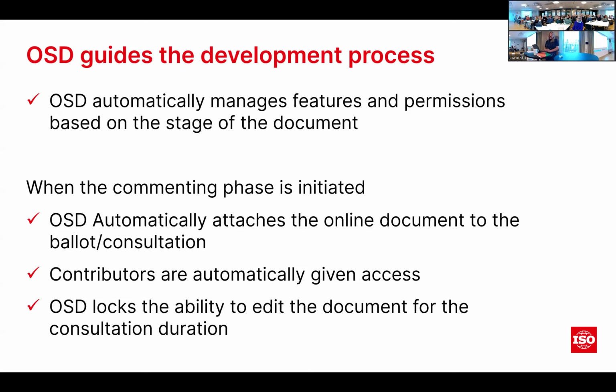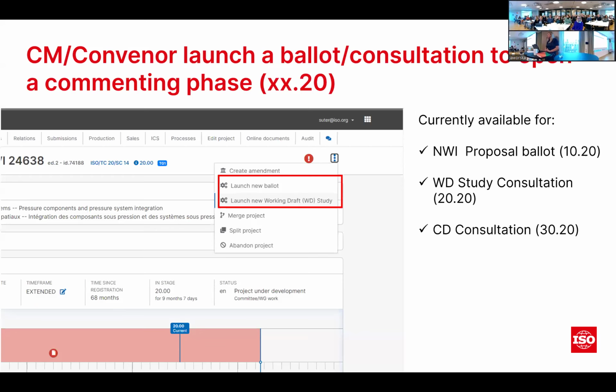When the commenting phase is initiated, the OSD automatically attaches itself to an online document. We'll show you how that looks in the OSD. During the ballot and the consultation, the contributors are automatically given access to the online document, and OSD locks the ability to edit that document for the consultation duration.